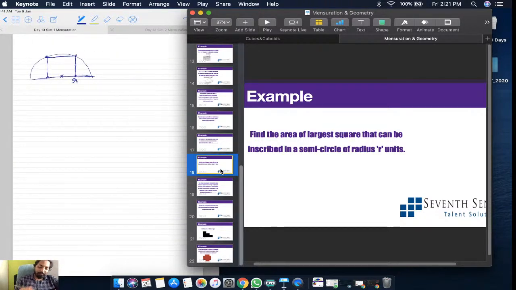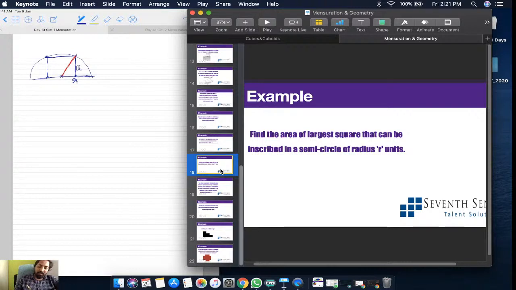Now, you guys can imagine this. Can you tell me what is this red line? Radius.